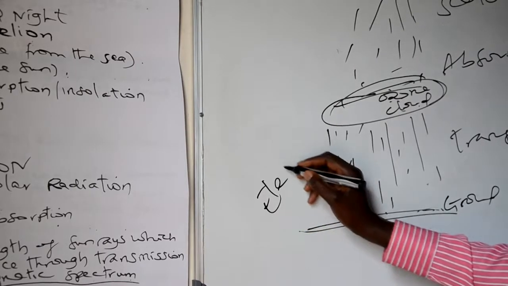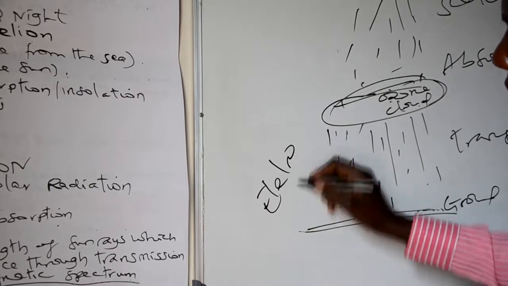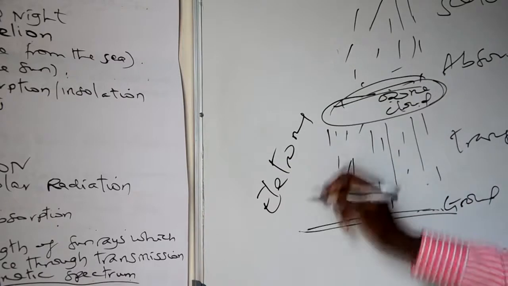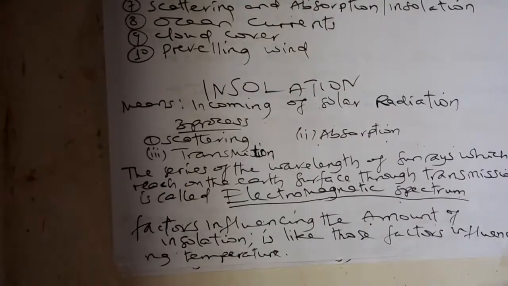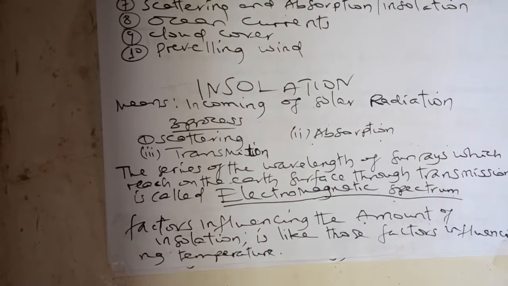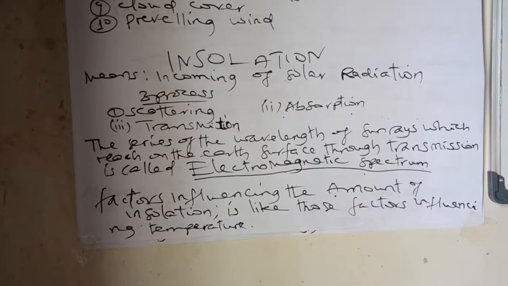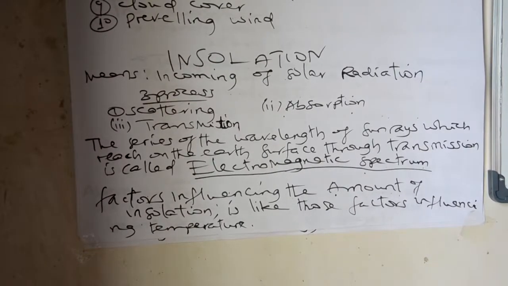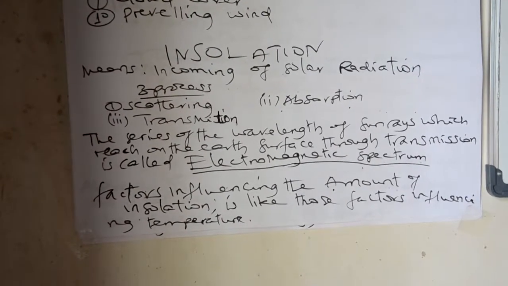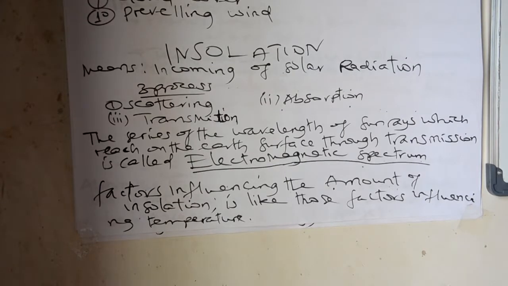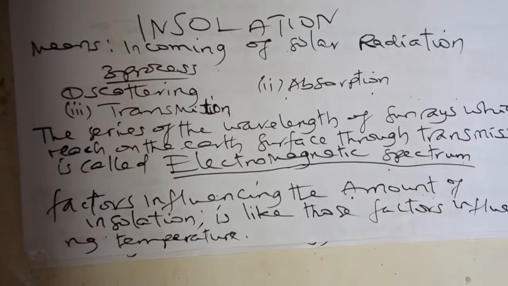Factors influencing the amount of insolation. As I told you, insolation refers to the incoming of sun radiation or sun rays. Therefore, the factors that affect insolation are similar to the factors that influence temperature.